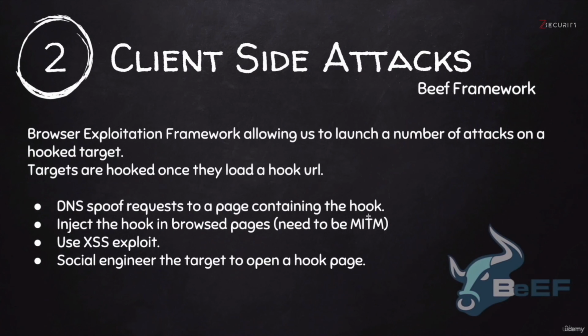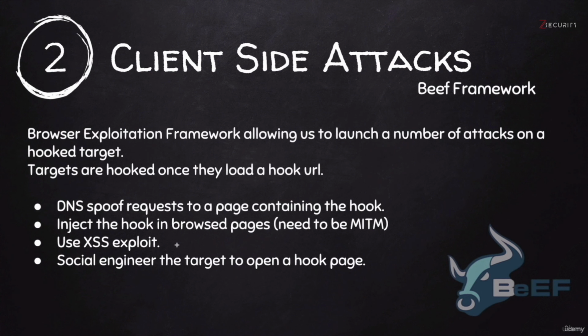If you're able to become the man in the middle, you can do DNS spoofing and redirect requests to a page that contains this hook code. Or you can inject this JavaScript in any web page that the target loads using the JavaScript injection methods that we learned once you become the man in the middle.